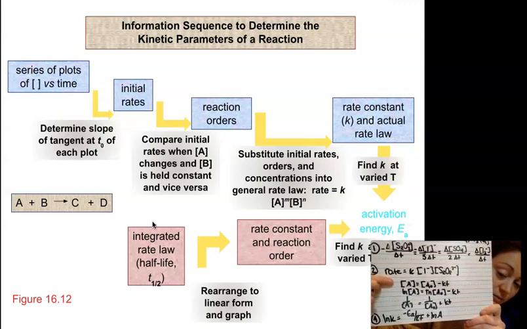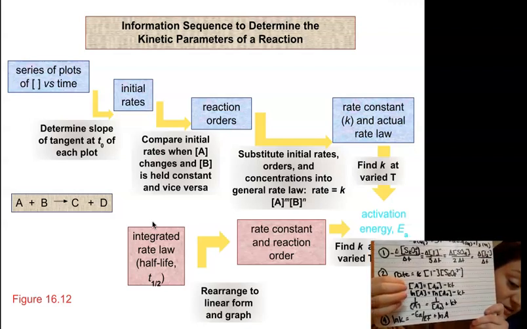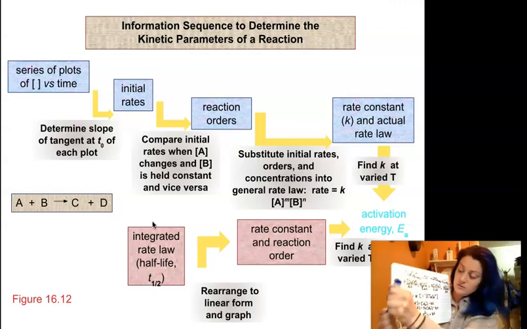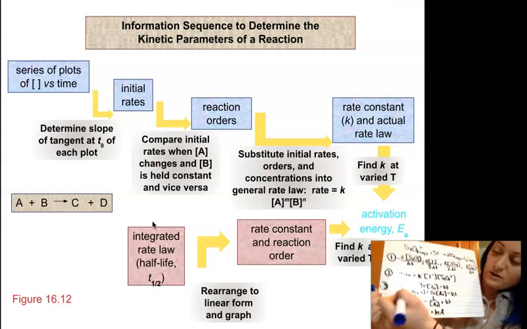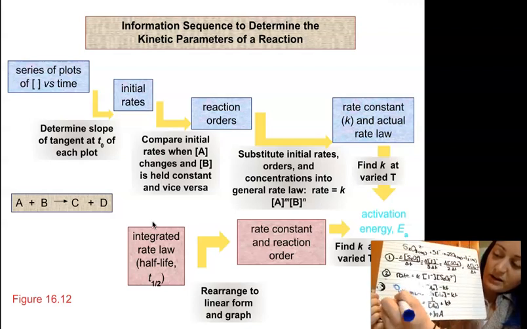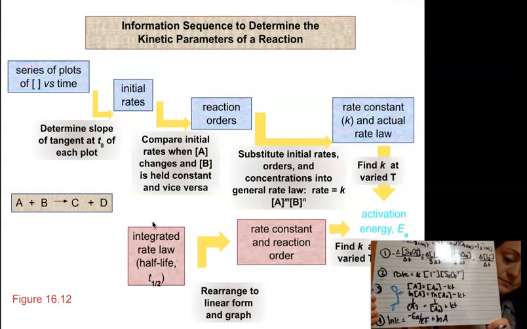If the concentration equals concentration naught minus kT, that's your zero order. The ln equation is your first order, and the 1 over A is your second order. So you're going to have to know those equations.